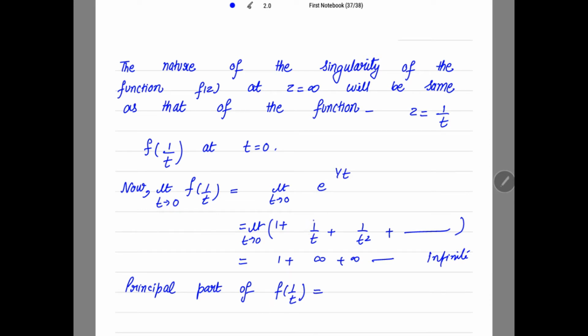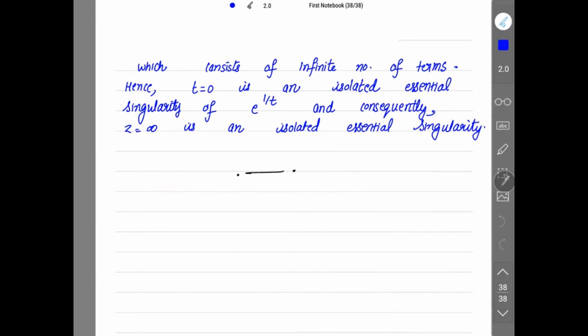This is your principal part, right? That is 1 by t plus 1 by t square plus 1 over t cube up to an infinite number of terms. Now because it consists of an infinite number of terms, t equal to 0 is an isolated essential singularity of e raised to power 1 by t, and consequently z equal to infinity is an isolated essential singularity.